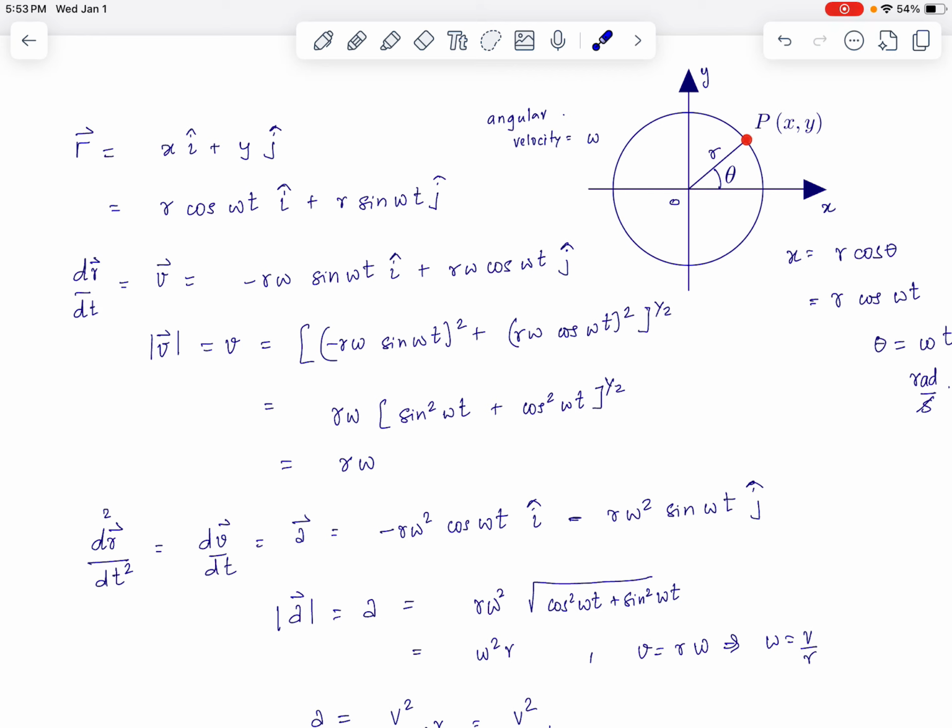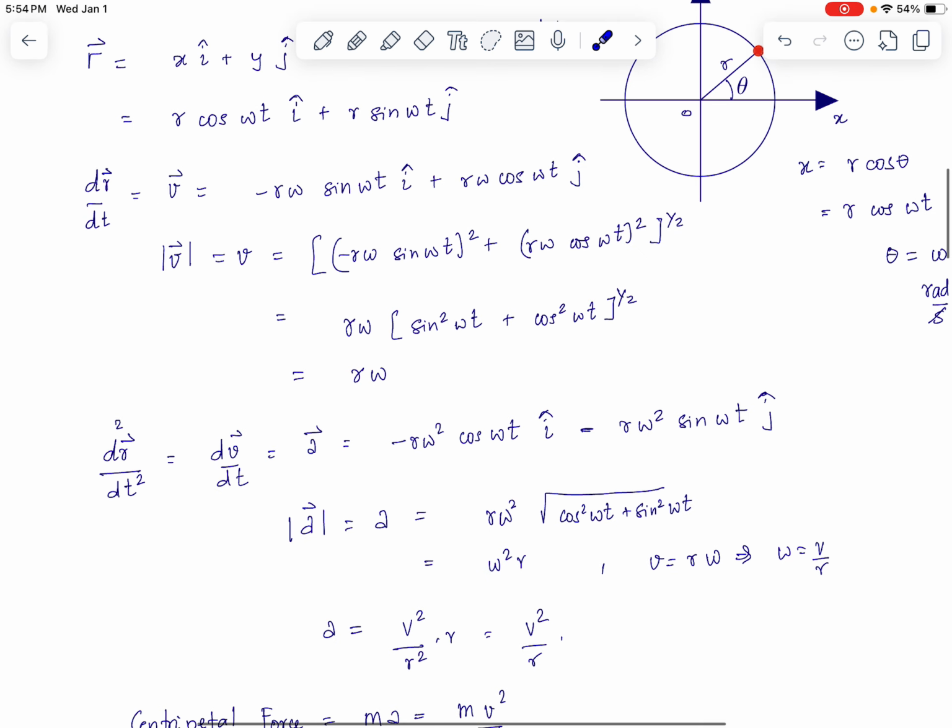So we get minus r omega sine omega t i hat and r omega cosine omega t j hat. If you want to find the magnitude of the velocity vector, we add the sum of the squares of the components and we end up with r omega. So the linear velocity is r omega.